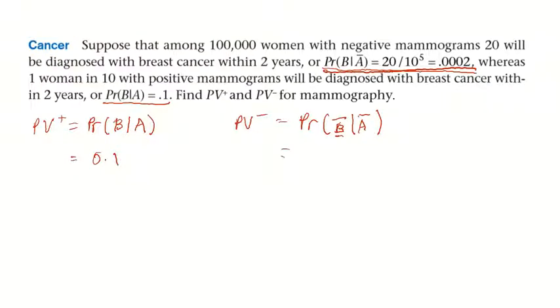In predictive value negative, this is simply going to be the other percentage of this 0.0002, or 1 minus 0.0002. If we solve this, we'll get a value of 0.9998.